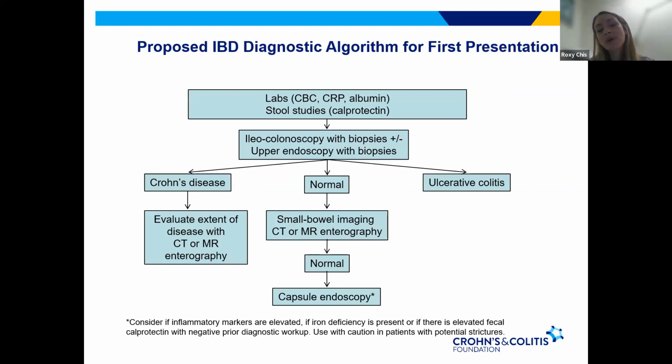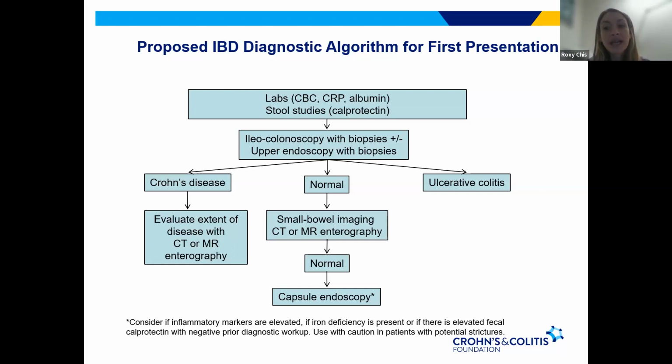This is the proposed diagnostic algorithm for a first presentation of inflammatory bowel disease, so basically, like we'll hear later, it's really just a patient who presents with bloody diarrhea and abdominal pain. Normally, what we do is we start off with certain investigations that are just basic investigations, so looking specifically at a CBC.